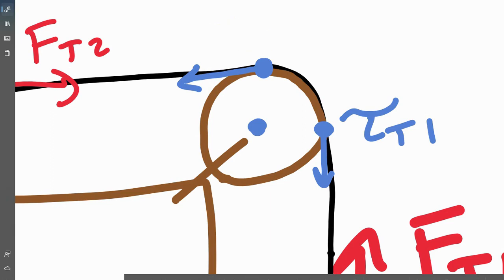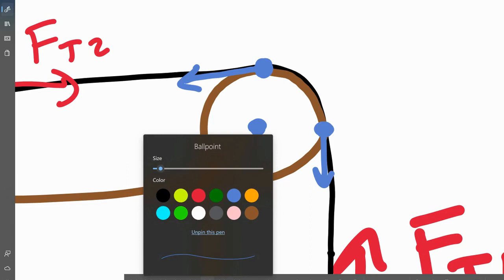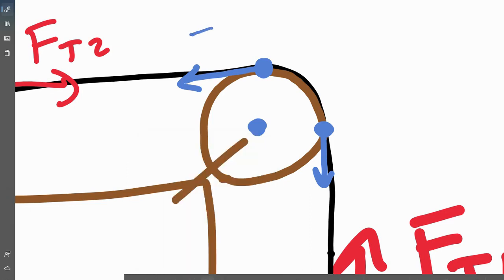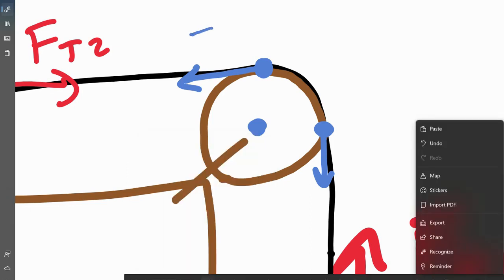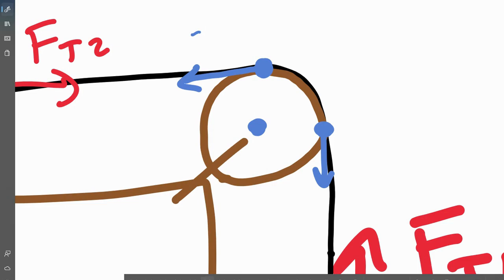I'll make my pen smaller so we can actually read this all. We have this torque of tension 1 and torque of tension 2, and it's at some radius r away, but that's just the radius of the wheel.